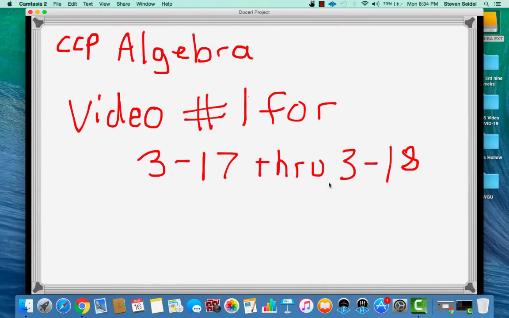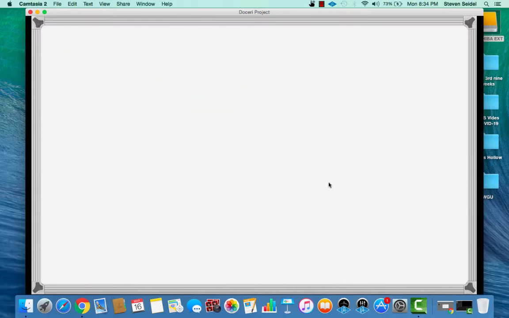What we're going to do is jump right into Chapter 4, Section 1. And we're really going to just focus on page... let me try to write with my stylus.